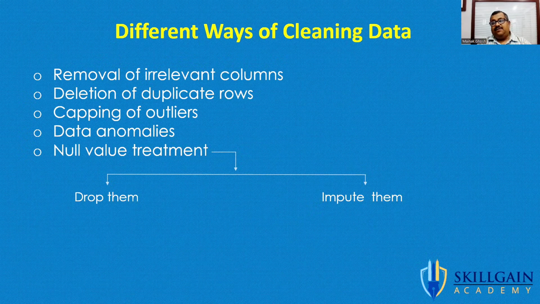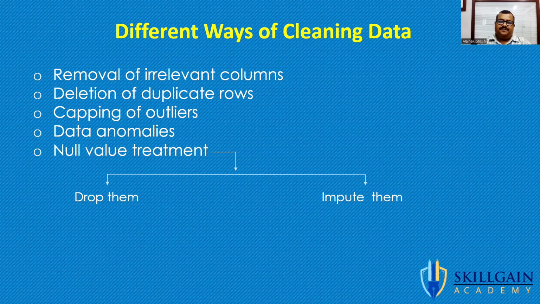Otherwise, if the null value portion is substantial, then we have to impute them, because if we delete all those null values, we have to face information loss to a greater extent. Instead of deleting those rows, that is, all the information, we can impute them so that other information can come into the picture.